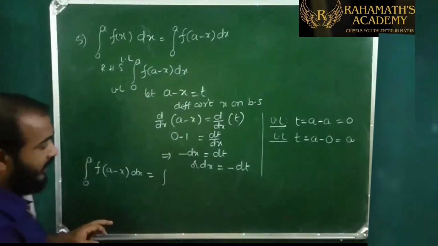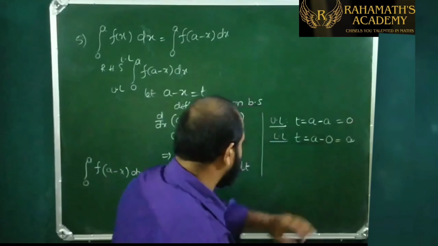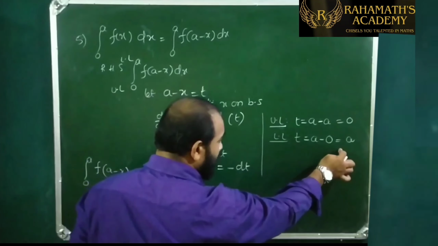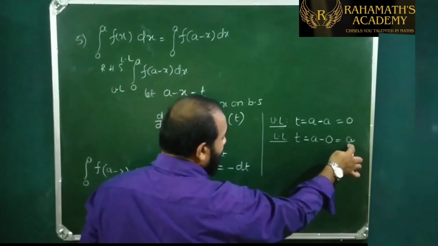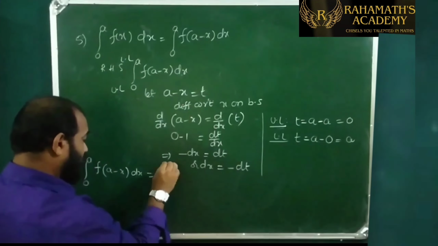Then 0 to a has been changed into a comma 0, which are the new limits for the variable of integration t. So a to 0.